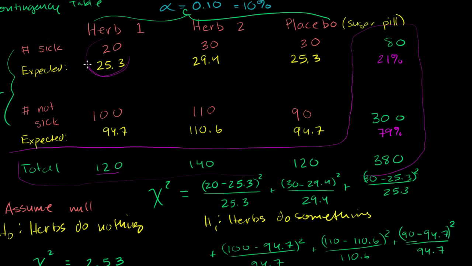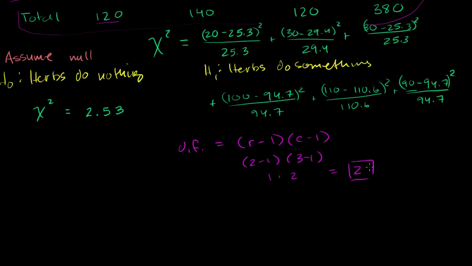So for example, in this situation, if you know this, you can easily figure out this. This is not new information. It's just the total minus 20. Same thing, if you know this one right over here, this one over here is not new information. And similarly, if you know these two, this guy over here isn't new information. You can always just calculate him based on the total and everything else. So that's the sense of why our degrees of freedom are the columns minus 1 times the rows minus 1.